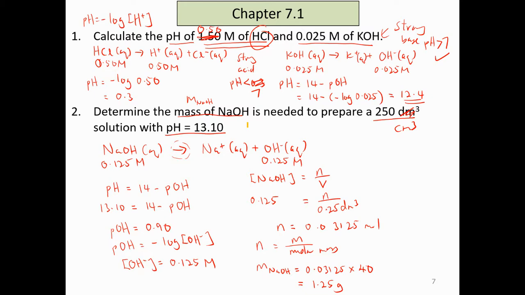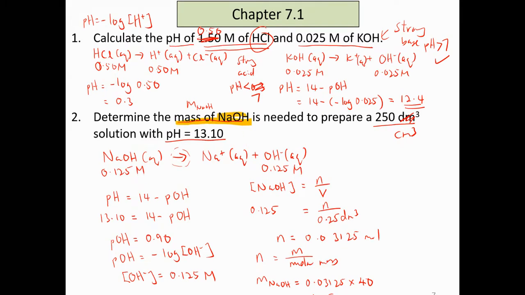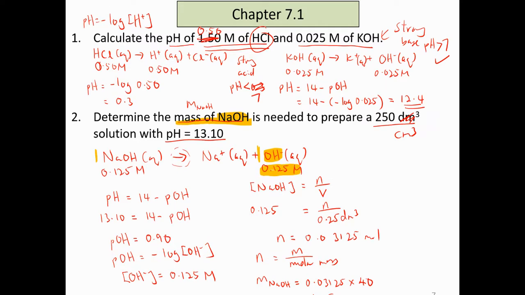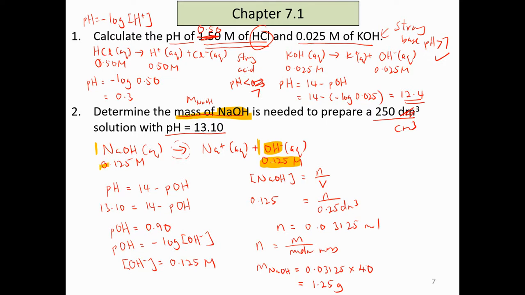Now let's highlight again what is important. When we are answering this kind of question, this one is referring to the mass of sodium hydroxide, so don't just give the mass of OH only. One more thing is the importance of stoichiometry. If this is 1 mole, the stoichiometry for sodium hydroxide is also 1 mole. So if we can find the molarity for hydroxide ion, we can also find the molarity for the strong base.